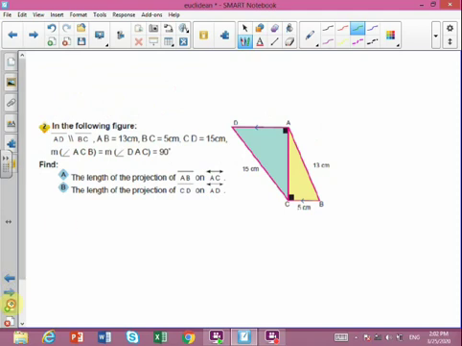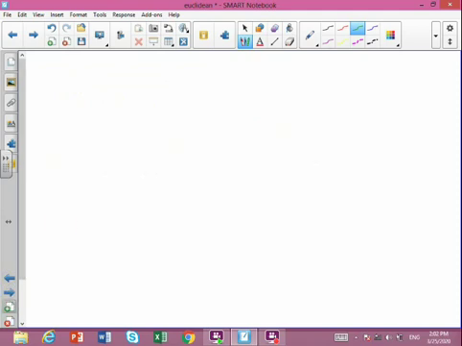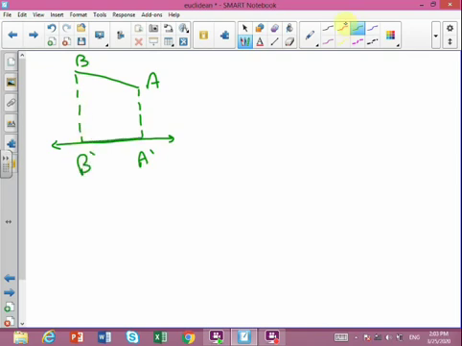Before going to this exercise, let's take this shape, for example. If I have this line, and if I have, for example, AB, and I want its projection, we said I will go down. It becomes A dash, B dash. Okay, so A dash, B dash, this line is the projection of AB on L. So the line is AB.